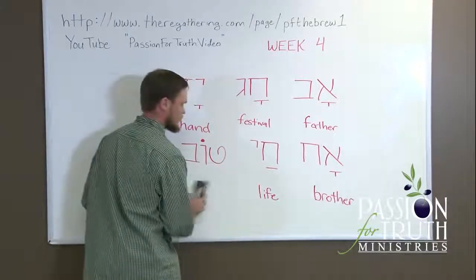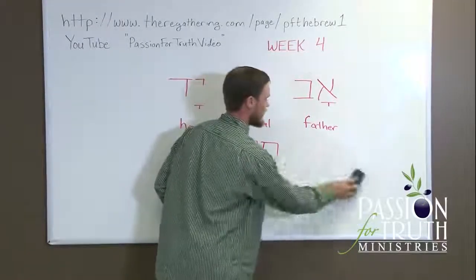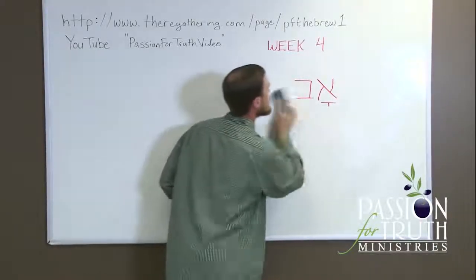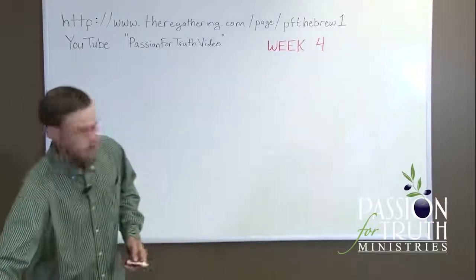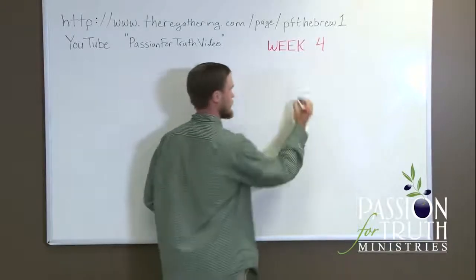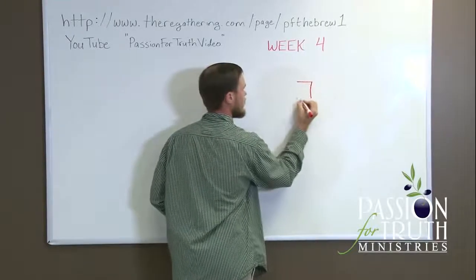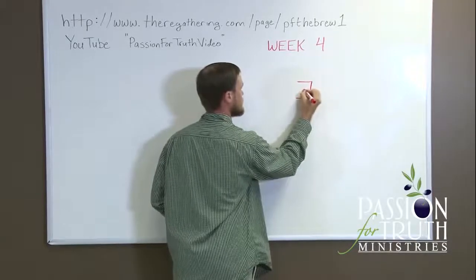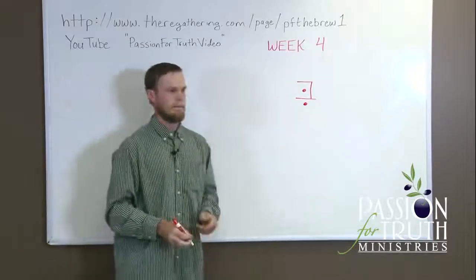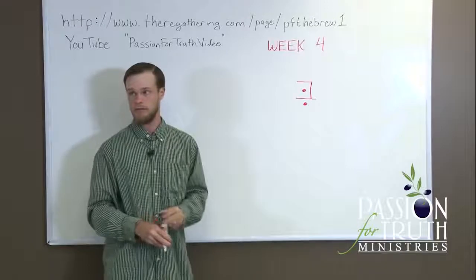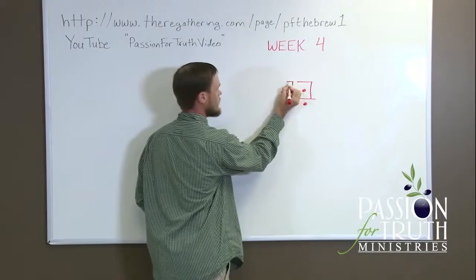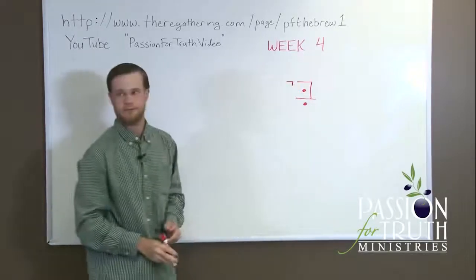All right. So I should cover this other aspect of the chirik vowel, just so you know. The chirik, as I mentioned. And I'm just going to write a nonsense word up here. Okay, if we had a bet with a dagesh followed by a chirik, we'd pronounce this bih, because the chirik makes the sound of short I. If we follow the chirik vowel with a yod, then this becomes another diphthong.